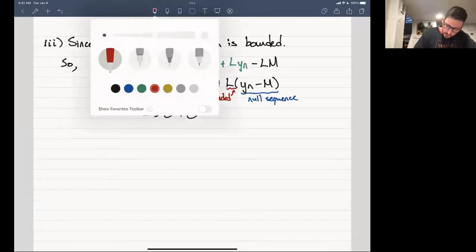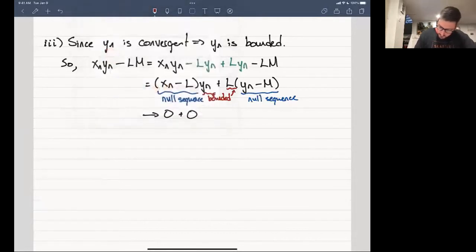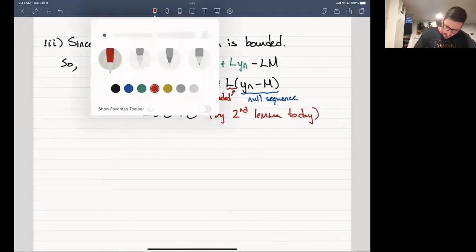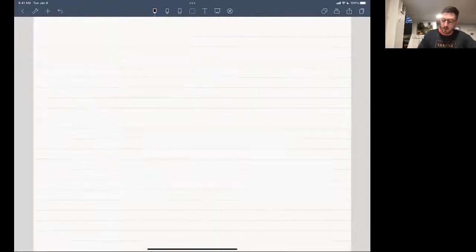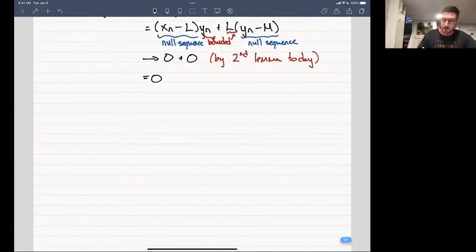And again, let's put a little note why that's true. This is by the second lemma today. So clearly this limit is equal to 0. And what this shows you, right, I didn't even have to use any epsilons here. I just used all of the logic that I built up from the lemmas.